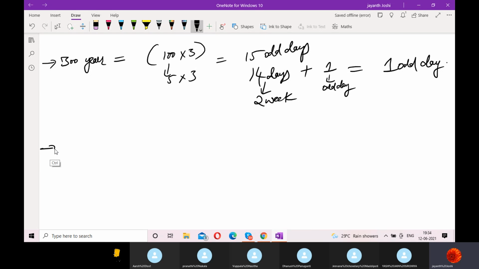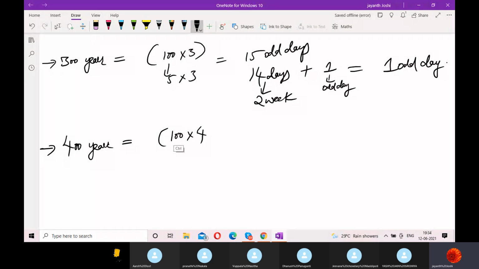Now 400 years. If I speak about 400 years, 100 into 4 makes it 400 years, correct? But if I have to give you a direct answer for this, every 4th century is a leap year, na?